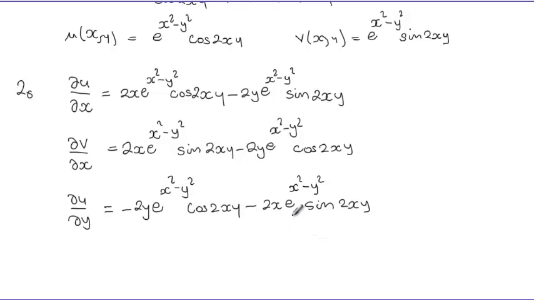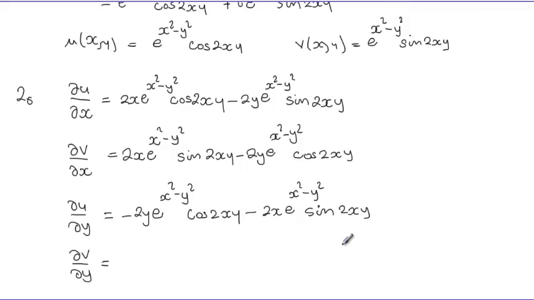I think you can note that I'm just mimicking the same derivative with respect to y, so it would be nice if you organize your work properly, then it helps you to get this derivative quickly.